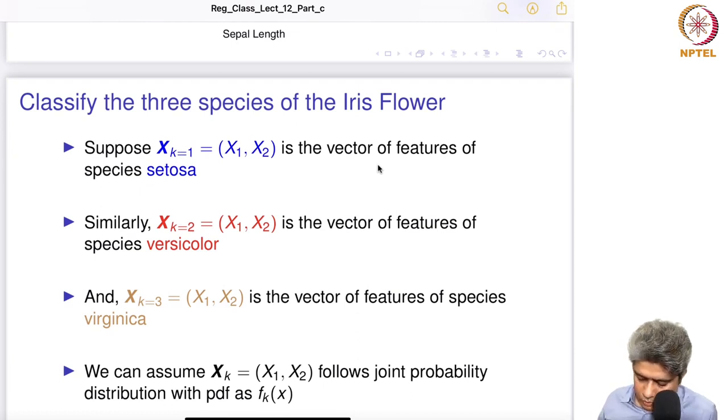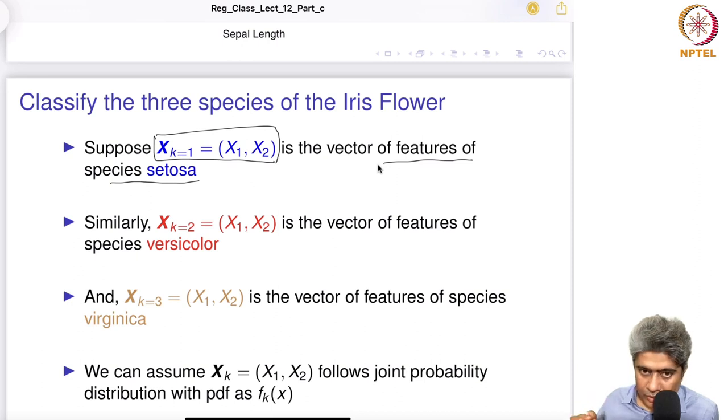Suppose what we can do now, given the features of the species setosa, is create a subset of the data.